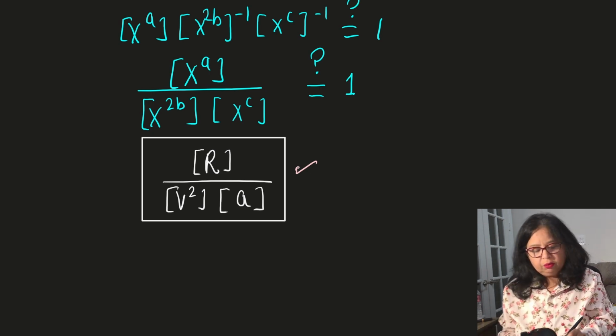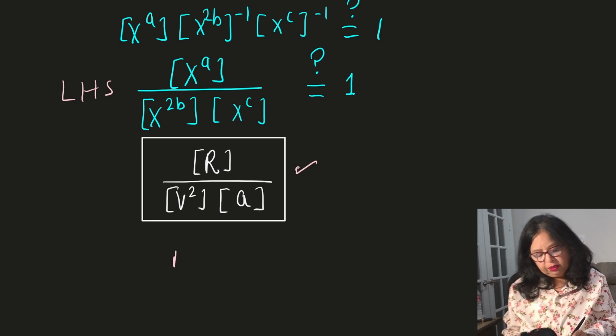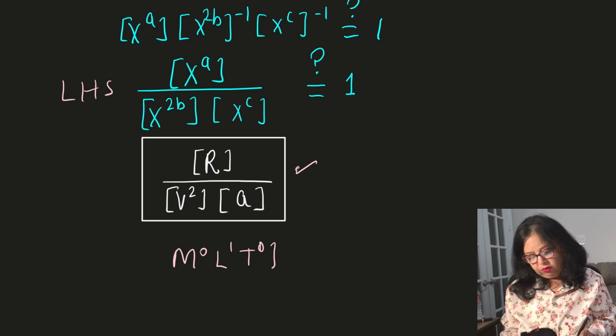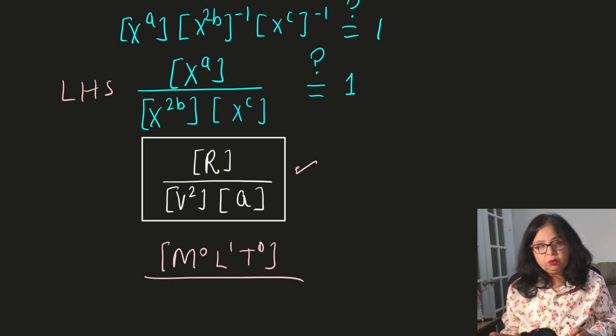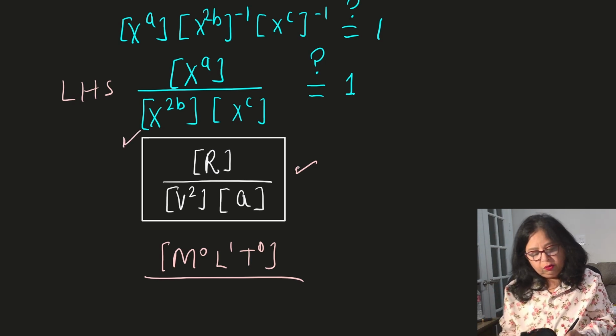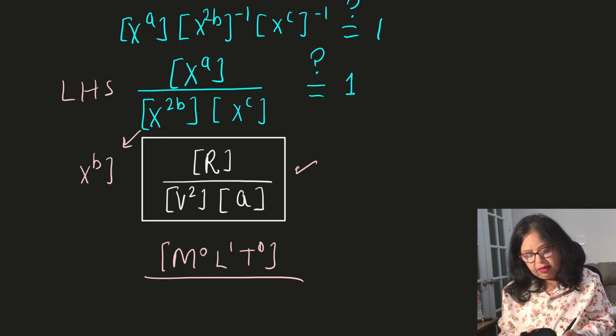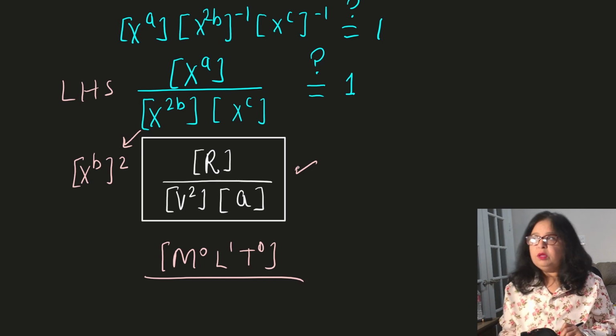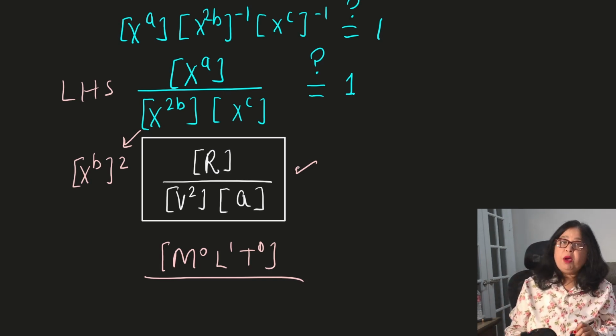Coming back to the left-hand side of the equation, we have x to the power a, which is position, m0, l1, t0. Then we have x to the power b to the power 2. So x to the power 2b can be written as x to the power b to the power 2. X to the power b is speed.